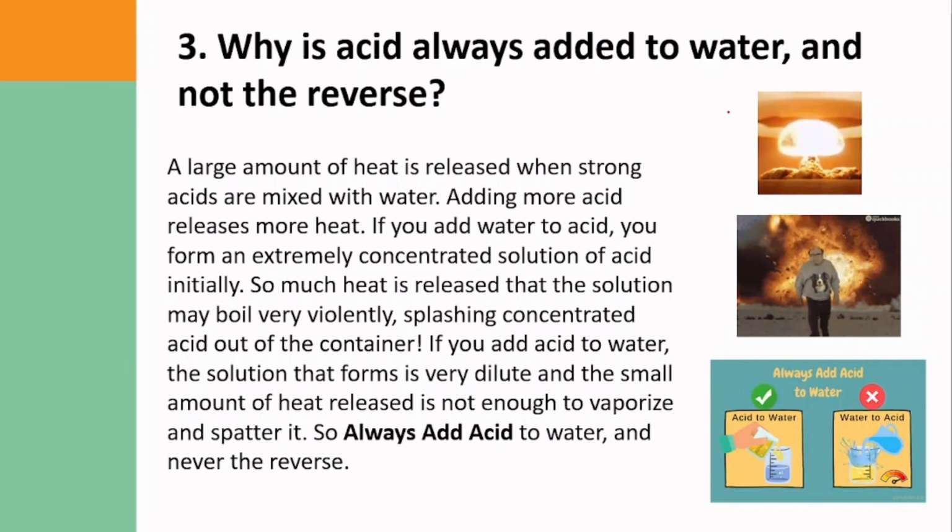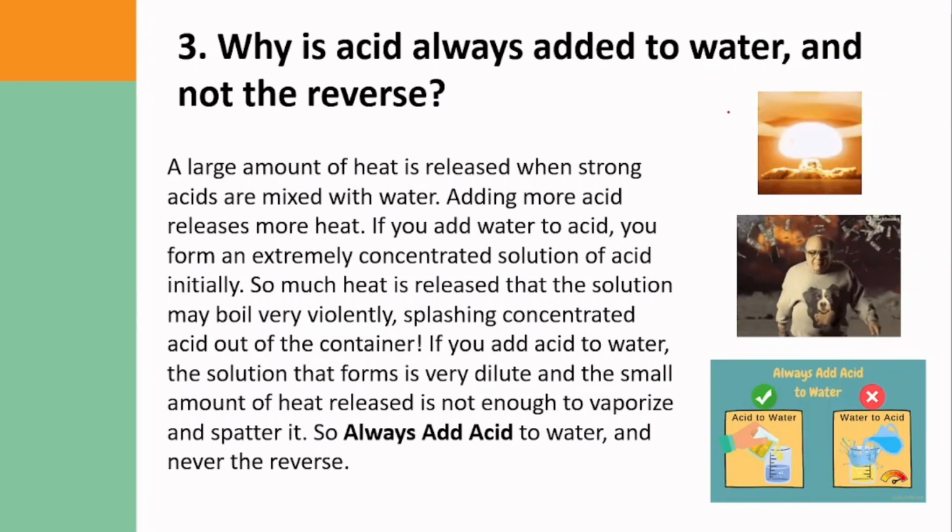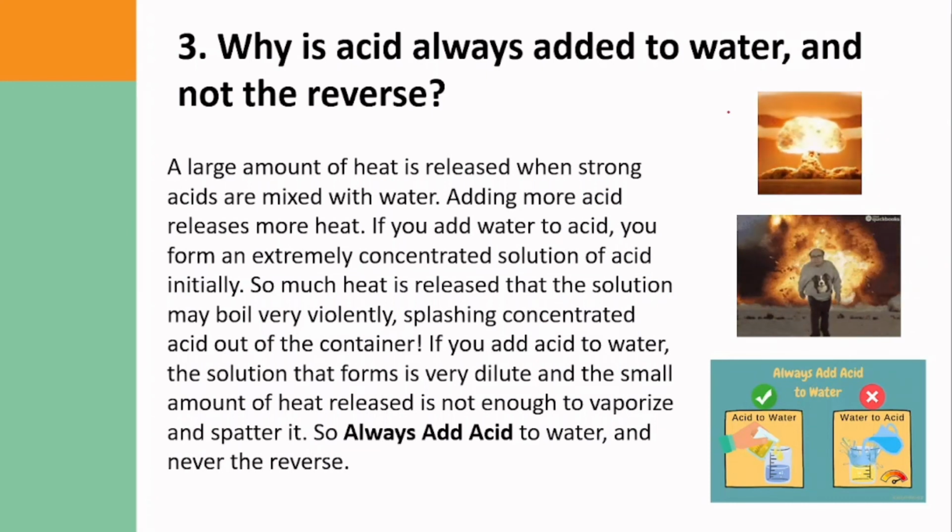If you add water to the acid, you form an extremely concentrated solution of acid initially. So much heat is released that the solution may boil very violently, splashing concentrated acid out of the container. If you add acid to water, the solution that forms is very dilute and the small amount of heat released is not enough to vaporize and spatter it. So, it is always acid to water and not the reverse.